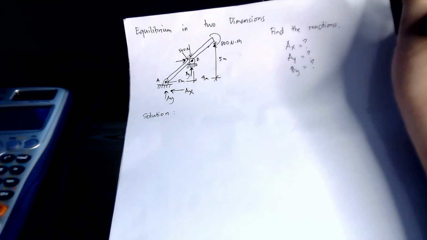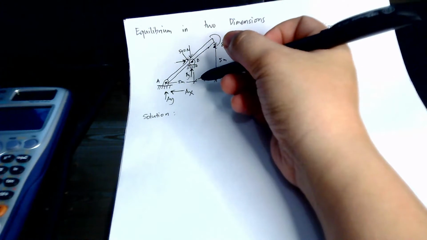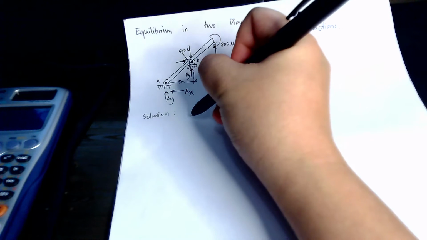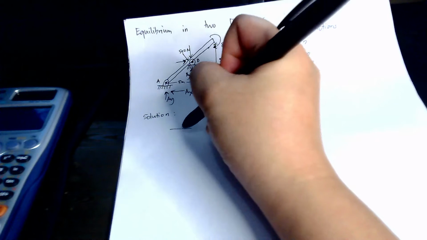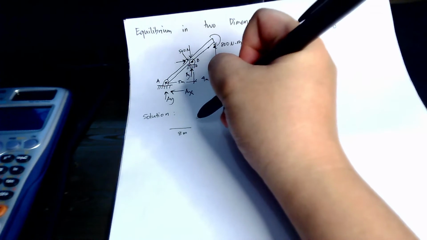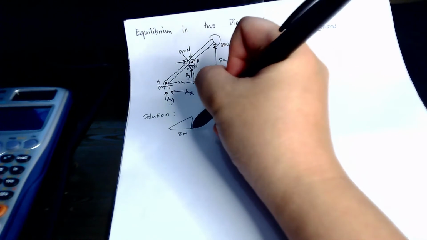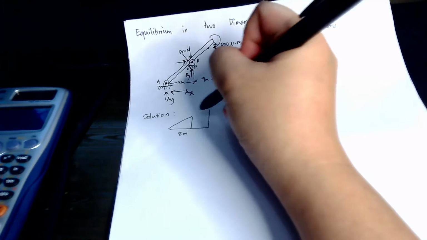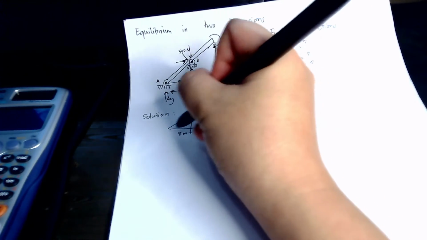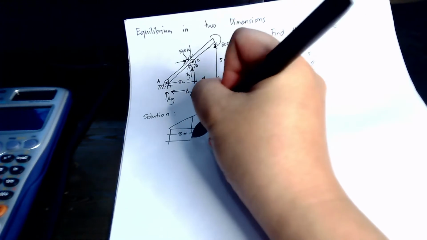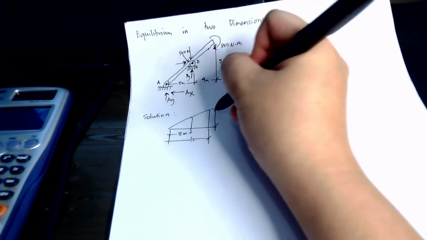Our solution will be, let's go back to the first and simplest form, the triangle. We have a triangle here. You have your 8 meters, this is 12, and this is 5.